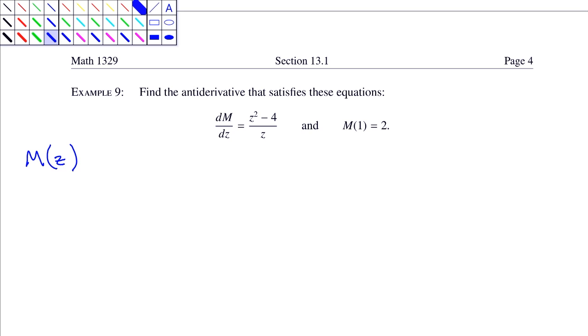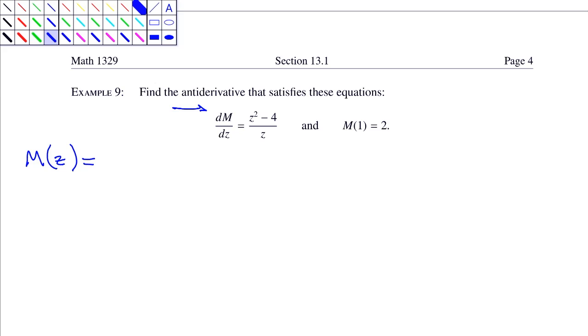There's a better place to look for it. Right here. This is the derivative of m with the variable z, right? Just like we had dy dx, that was a y function with x's, or we had df dt, that was an f function with t. This is m of z. So look for this notation to tell you what the variables are.